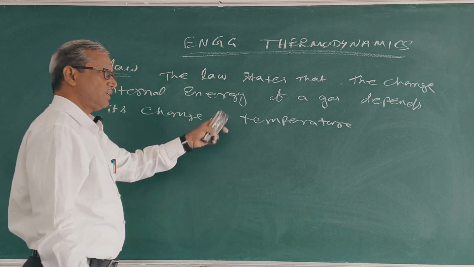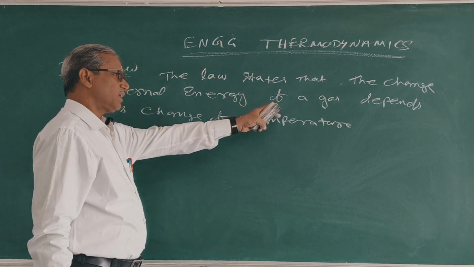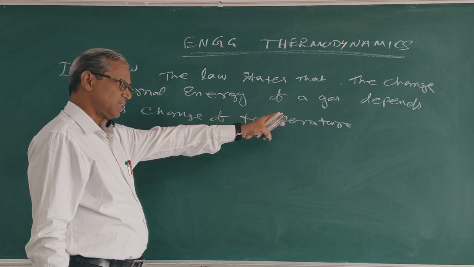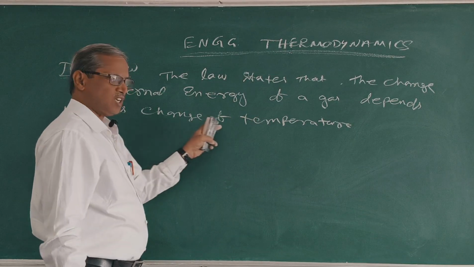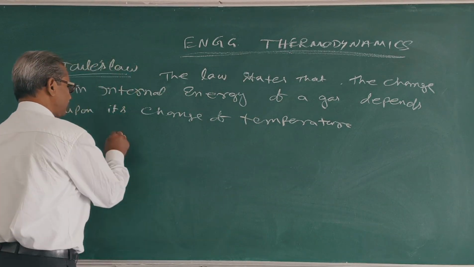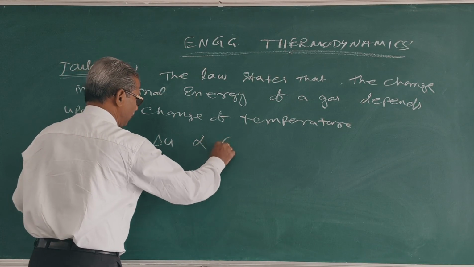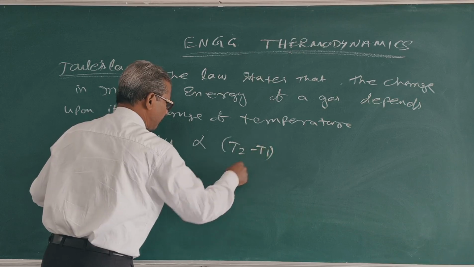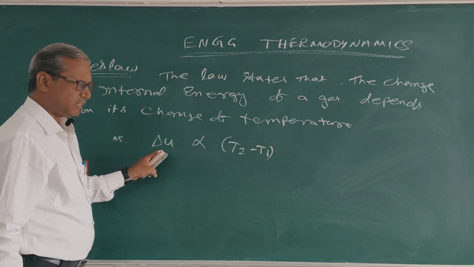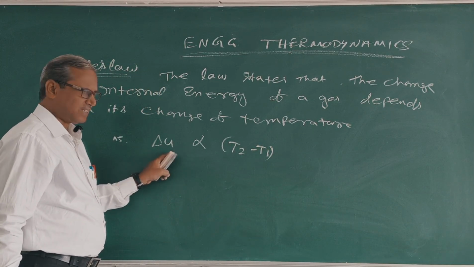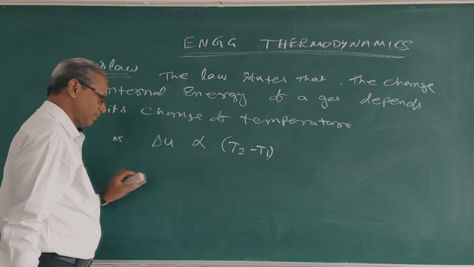Clear? The change in internal energy of a gas or given mass of gas depends upon change of its temperature. That is, del U is directly proportional to T2 minus T1. The del U is change in internal energy. This is change of temperature.